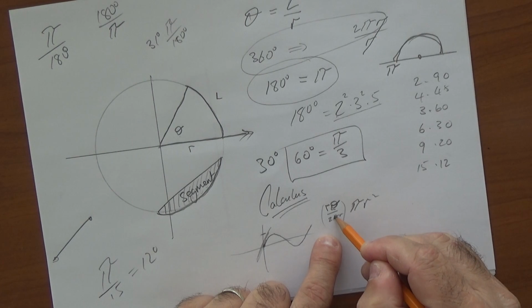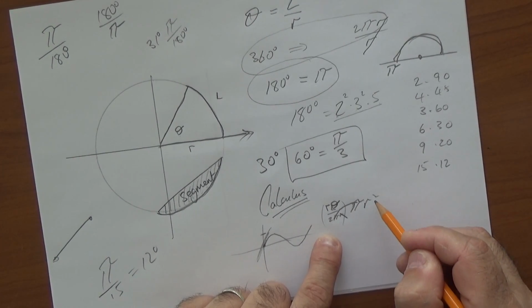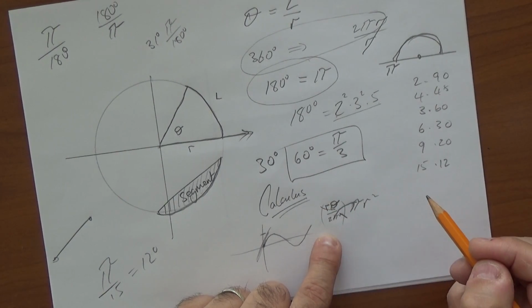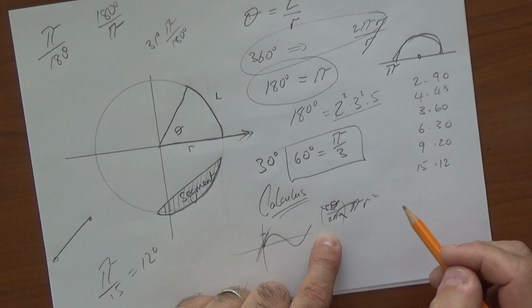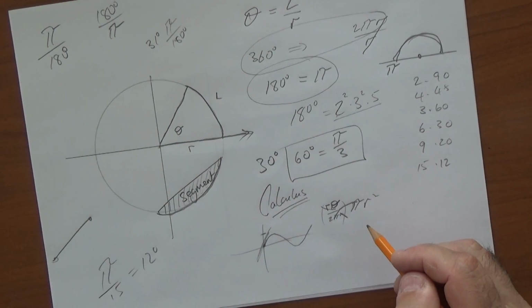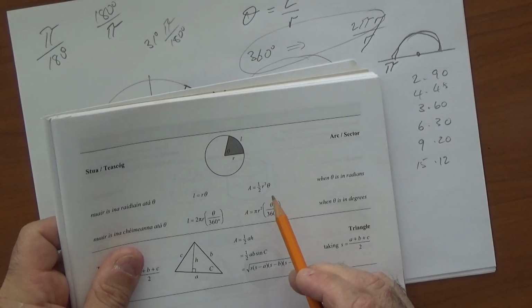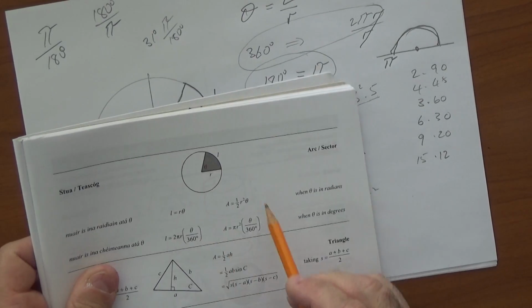And then the pi's would cancel. One of the r's would cancel. Okay, and we get theta r squared over 2, which is this formula here.